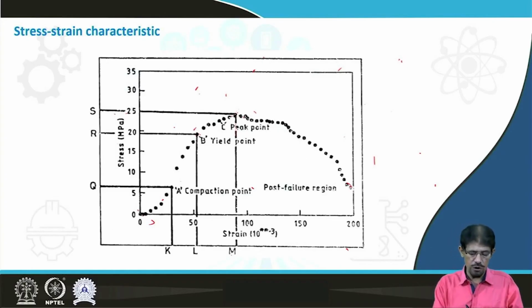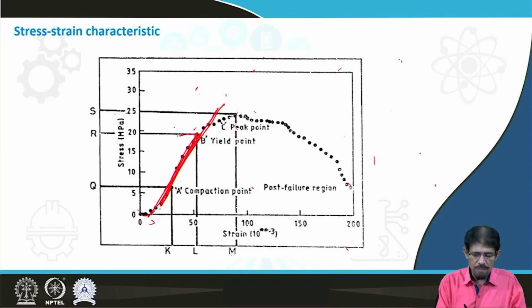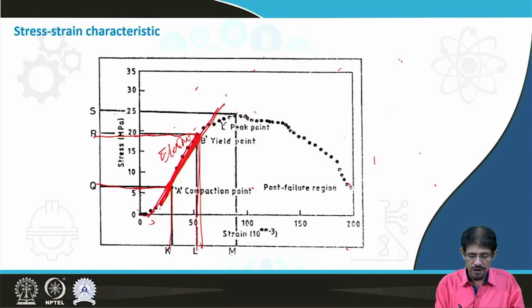If we try to draw this line tangent on this stress strain behavior, then the value of this stress representing this elastic zone and the corresponding value of strain, because this is the elastic zone, then there is a law of proportionality.